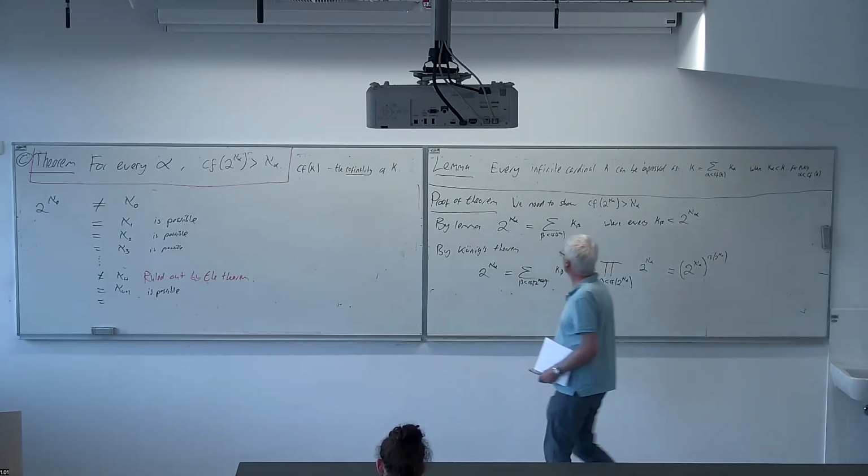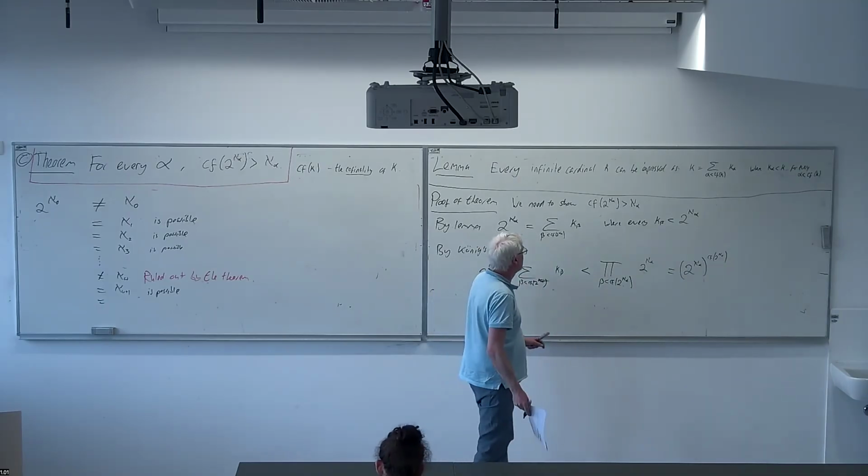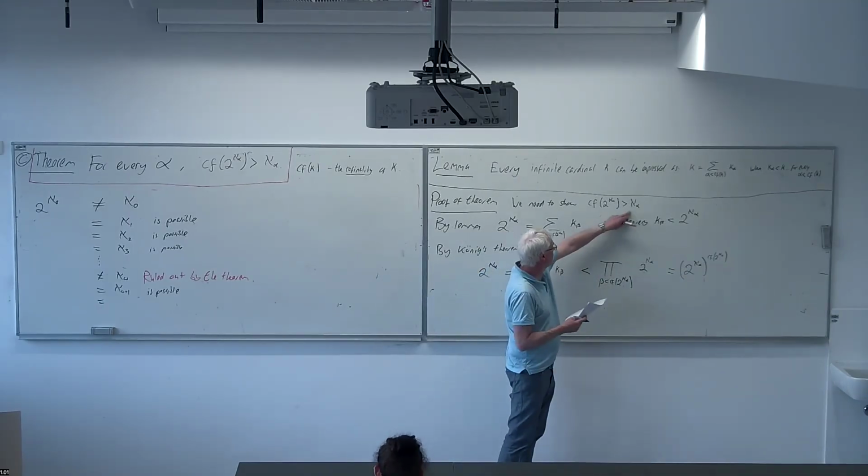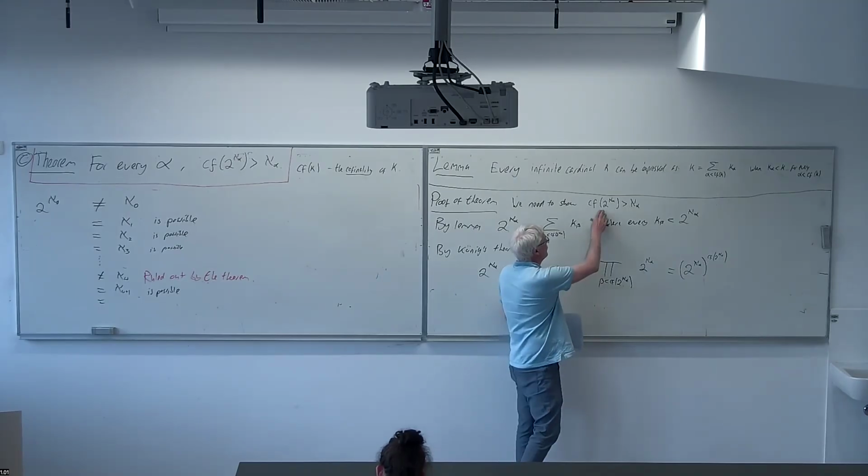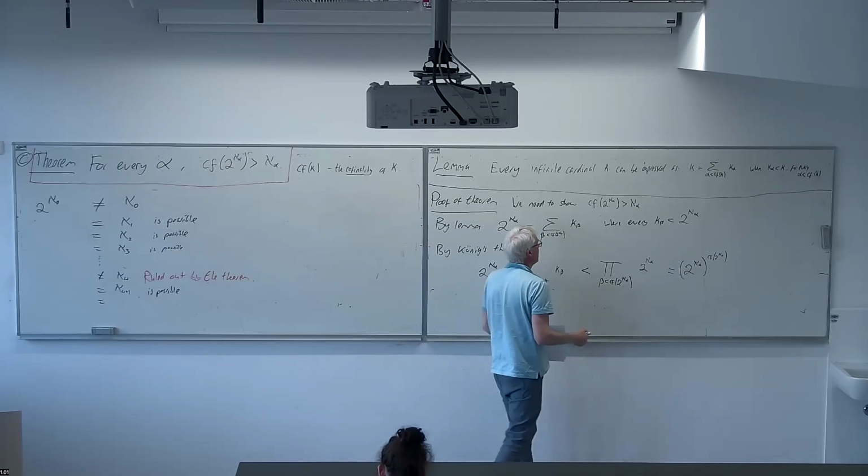Okay, so now we want to prove this strict inequality. So let's suppose for contradiction that it's false.